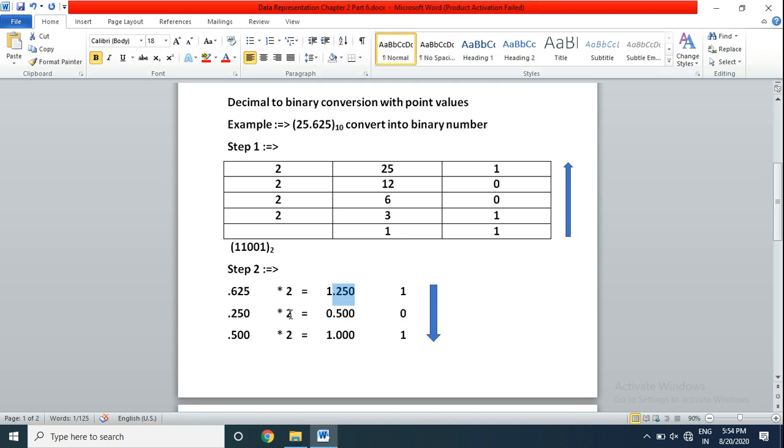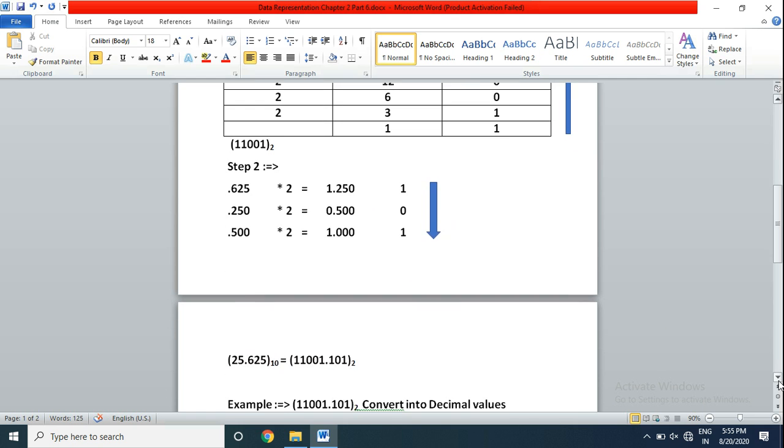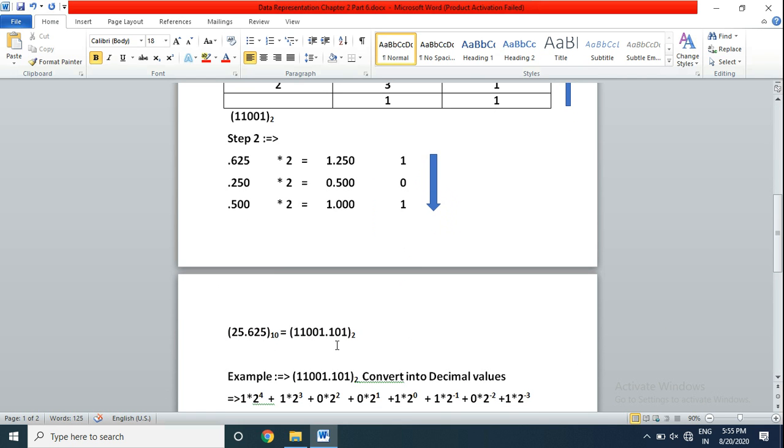This multiplication is done until our point value becomes 000. After getting 000, we write the output from top to bottom. Then our final result is 11001.101, base 2.